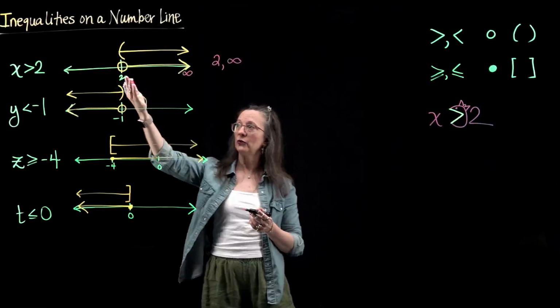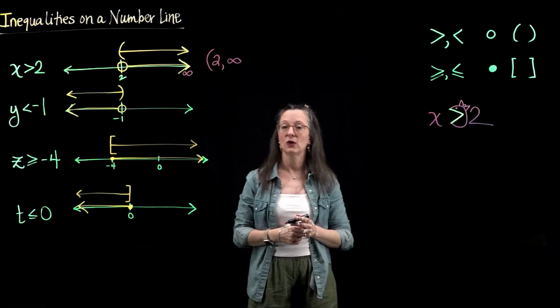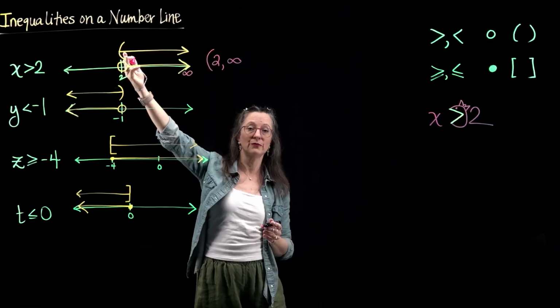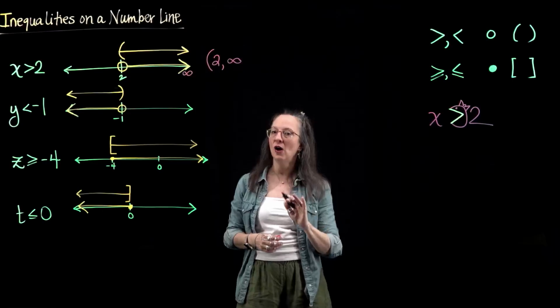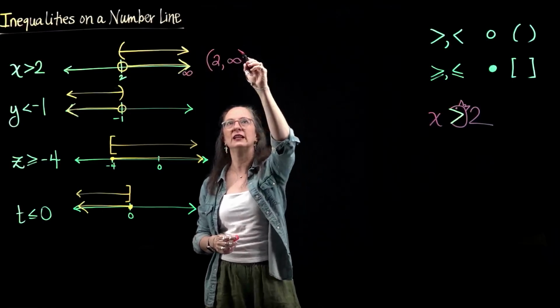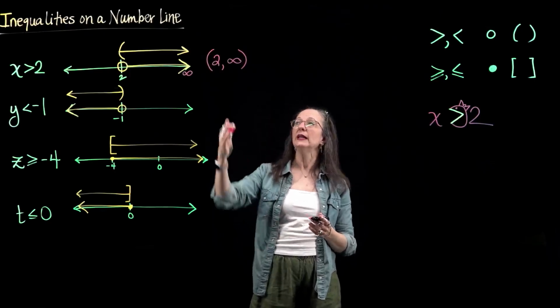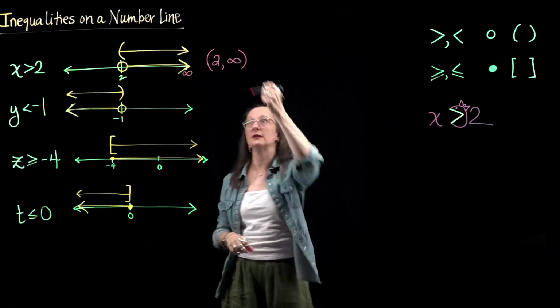We are not including 2, so we use a parentheses on the 2 side, just like we did up here with this parentheses. On the infinity side, we always use parentheses with infinity. So my interval would be parentheses 2, comma, infinity, close parentheses.